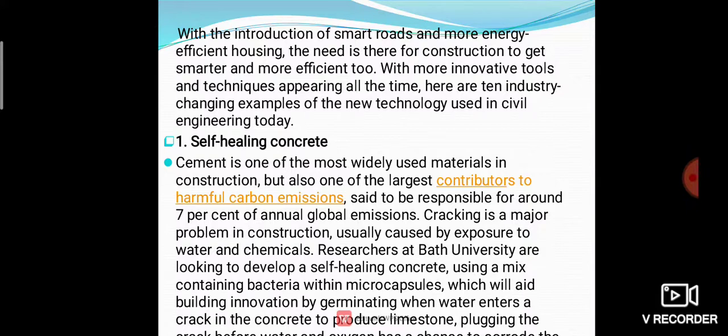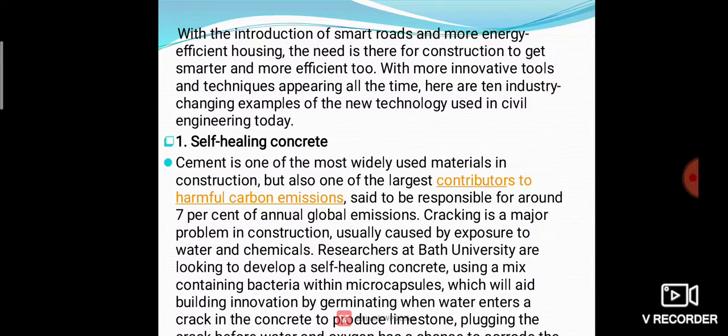Cement is one of the most widely used materials in construction, but also one of the largest contributors to harmful carbon emissions. It is said to be responsible for around 7% of annual global emissions. Cracking is a major problem in construction. Cracking is one type of failure of concrete.